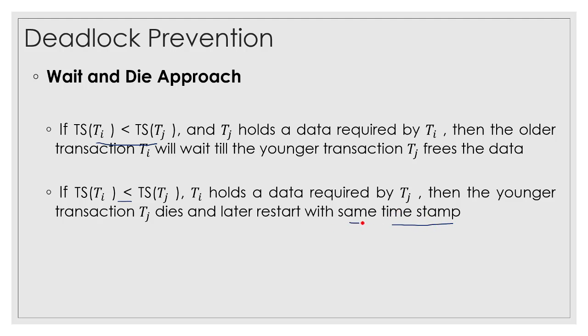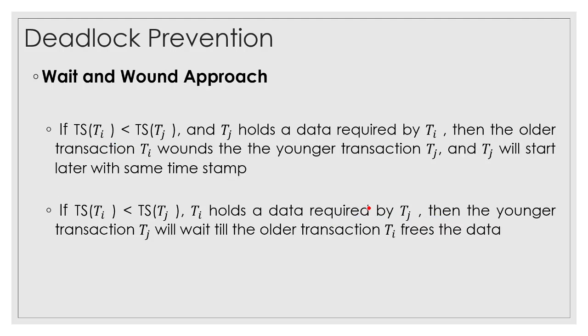Here we are starting Tj with the same timestamp, so the next time we are giving more privilege to Tj because it may be the older transaction. In this way, the wait and die approach also ensures there is no starvation.